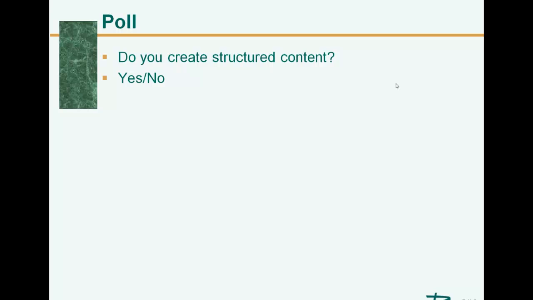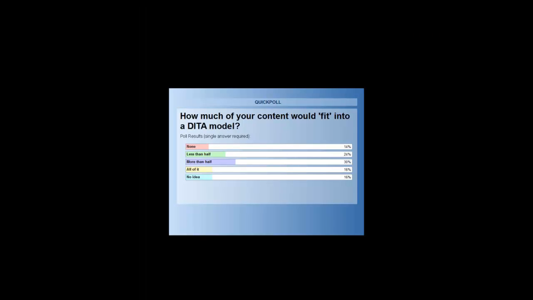So, Hannah, can you display what we found in that particular poll? Sure. And are you able to see it? I do not. I'm sorry, one of those technical difficulties here.